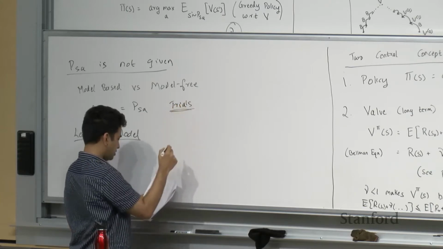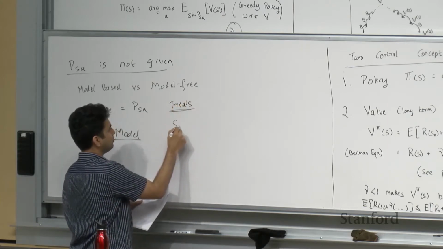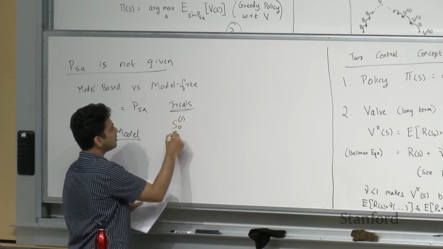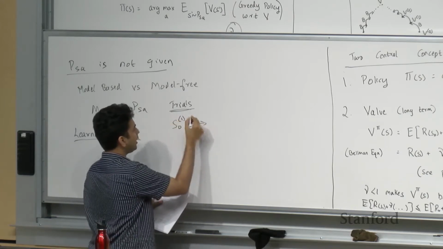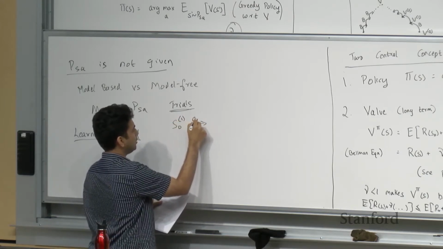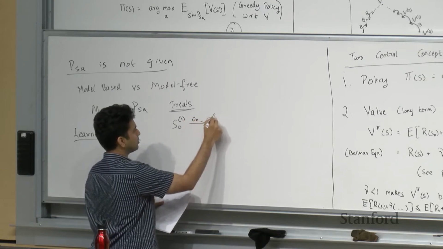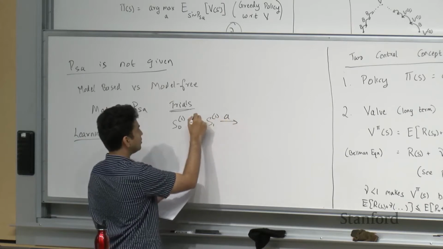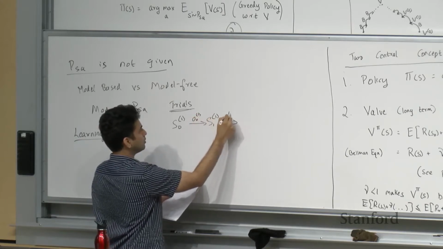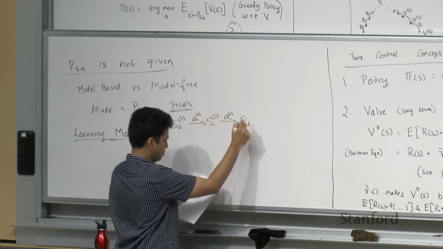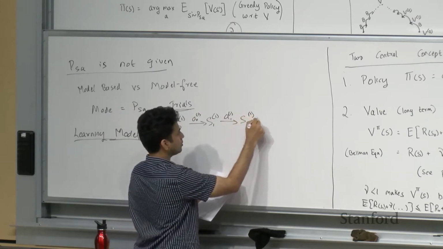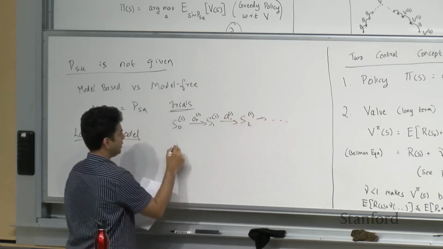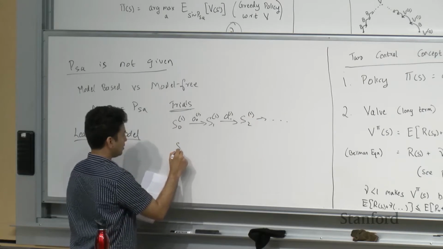Where in each trial you start at some state S0, take a random action, A0, you end up in S1, take another random action, S2, and so on, and then repeat a trial, S0.